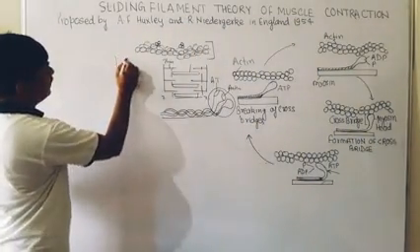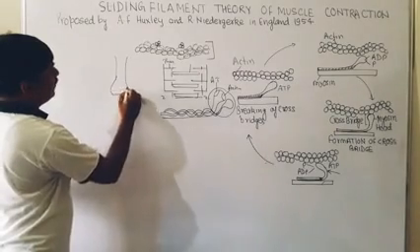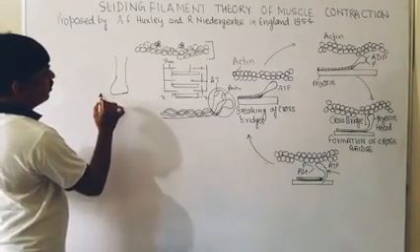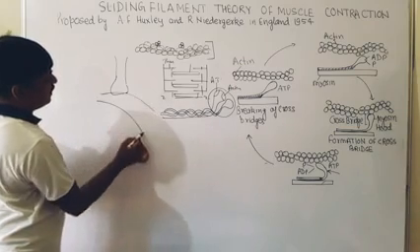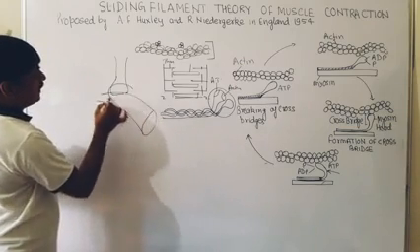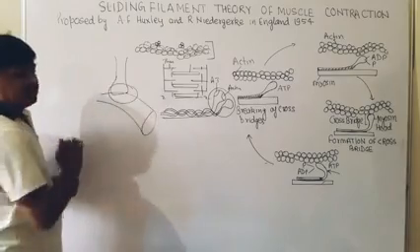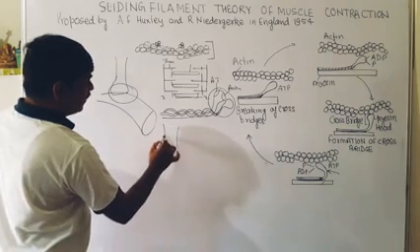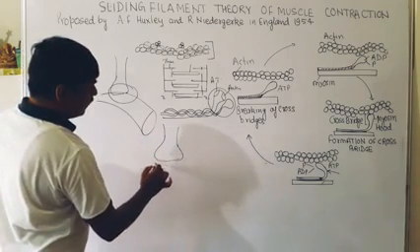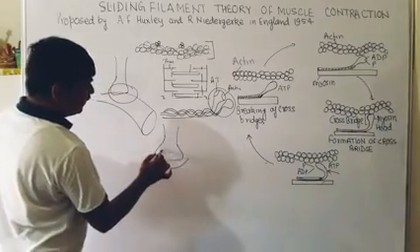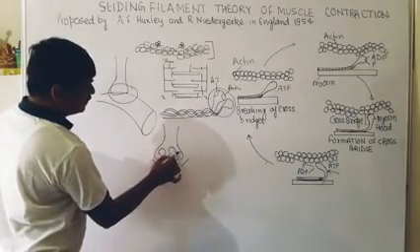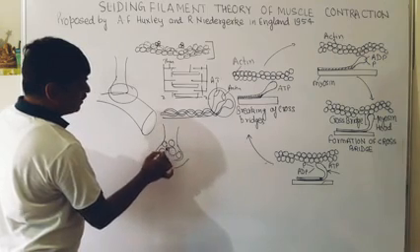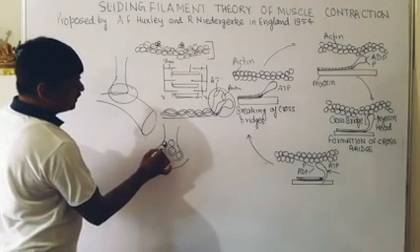You can see here, this is the nerve ending, and this is the muscle, and this place is the neuromuscular junction. Here you can easily see the nerve ending secretes neurotransmitters. You have an idea, clear students, neurotransmitters are there.